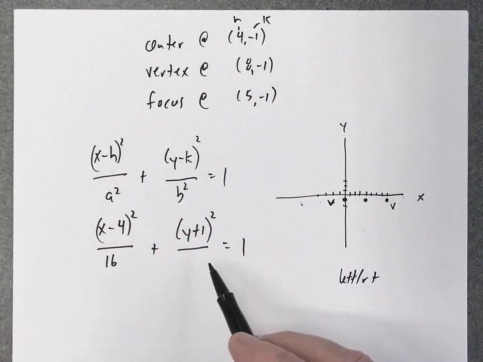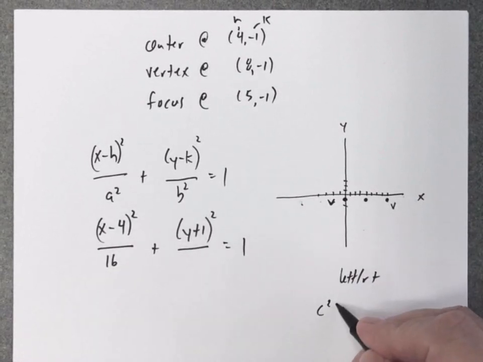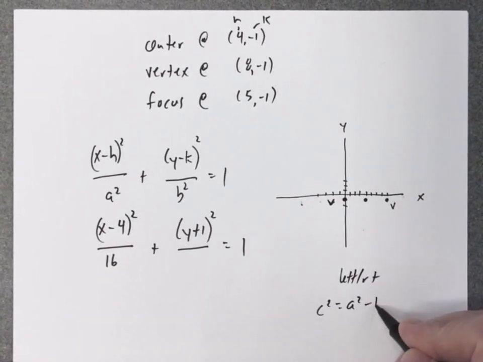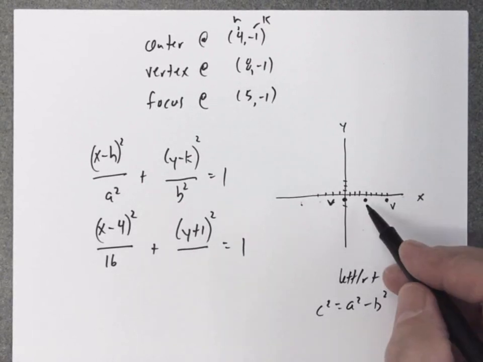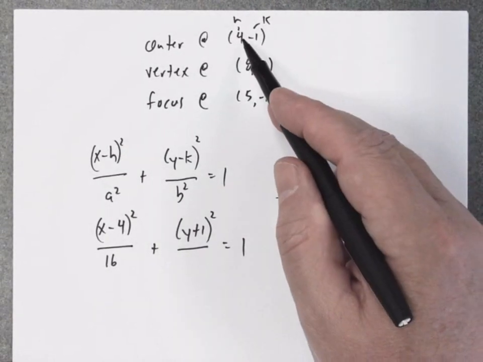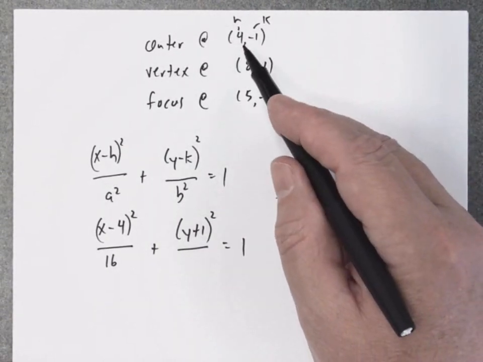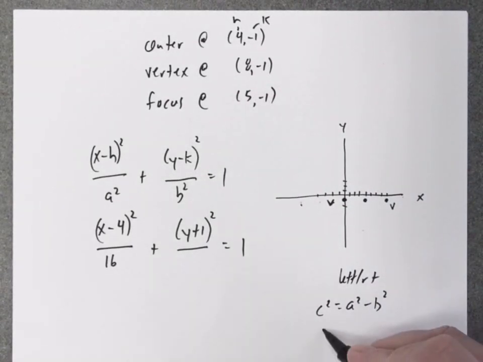So just like the last problem, I don't know b squared, but I know that c squared equals a squared minus b squared. C is the distance from the center to the foci, which you can see here. If the center is at 4 and the foci is at 5, that's a distance of 1. So c is 1.